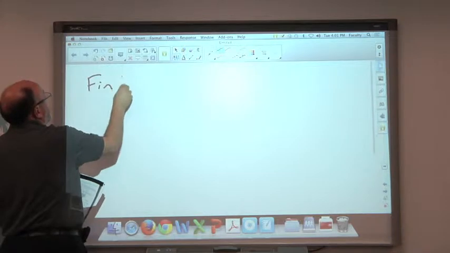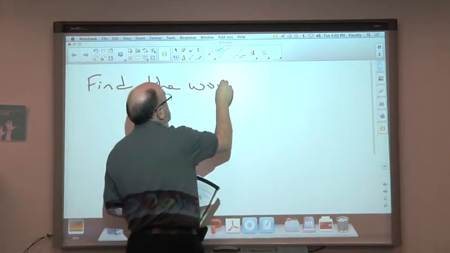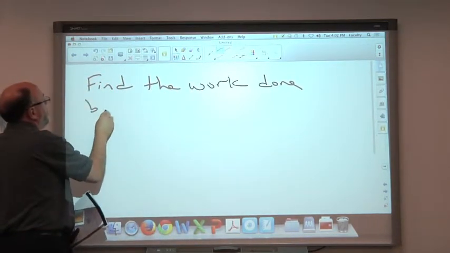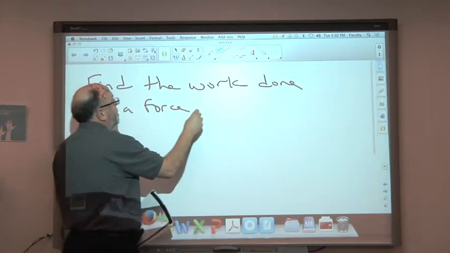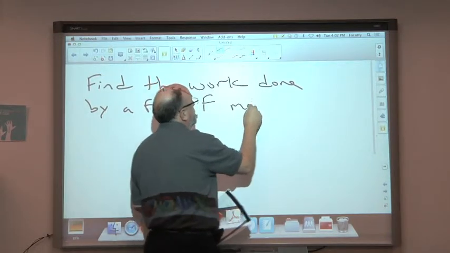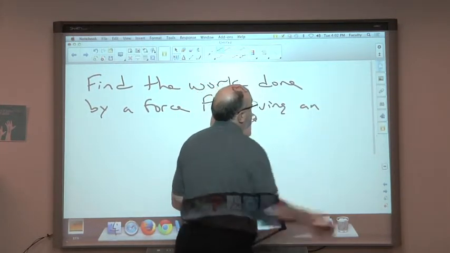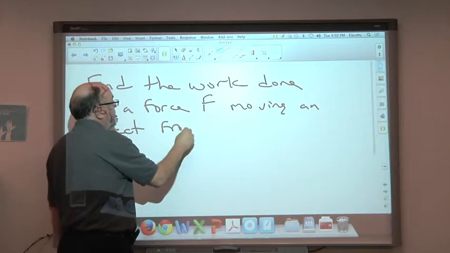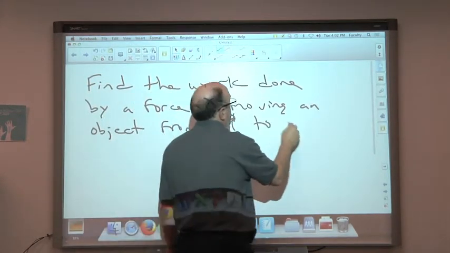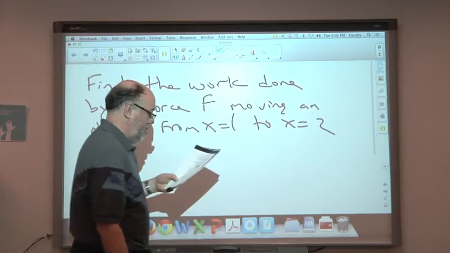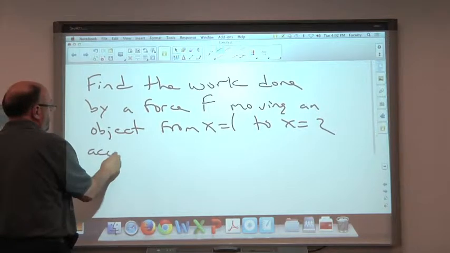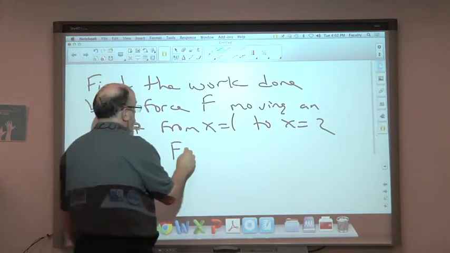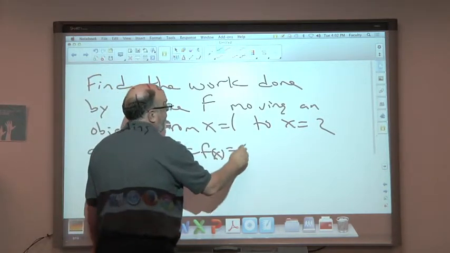Find the work done by a force F moving an object from x equals 1 to x equals 2 according to the force f of x, which is given by x squared.